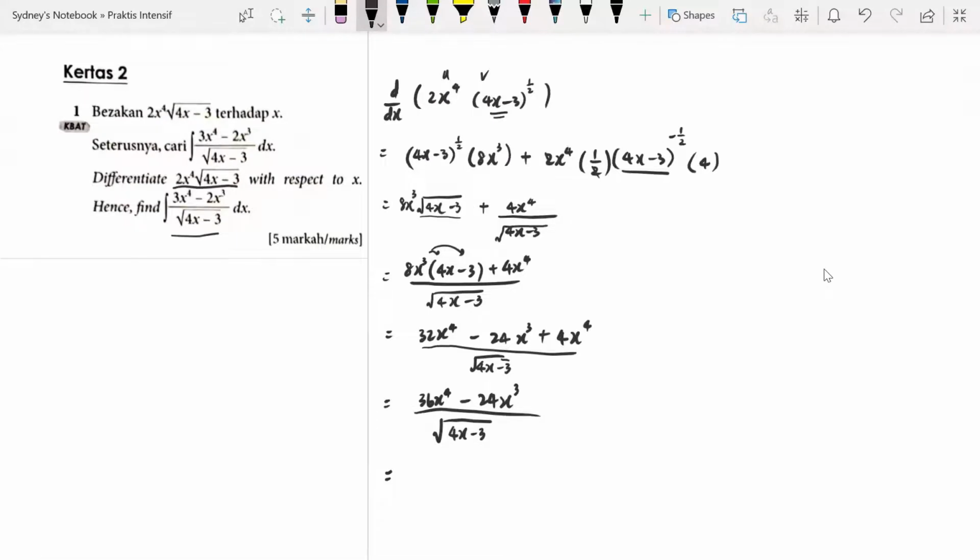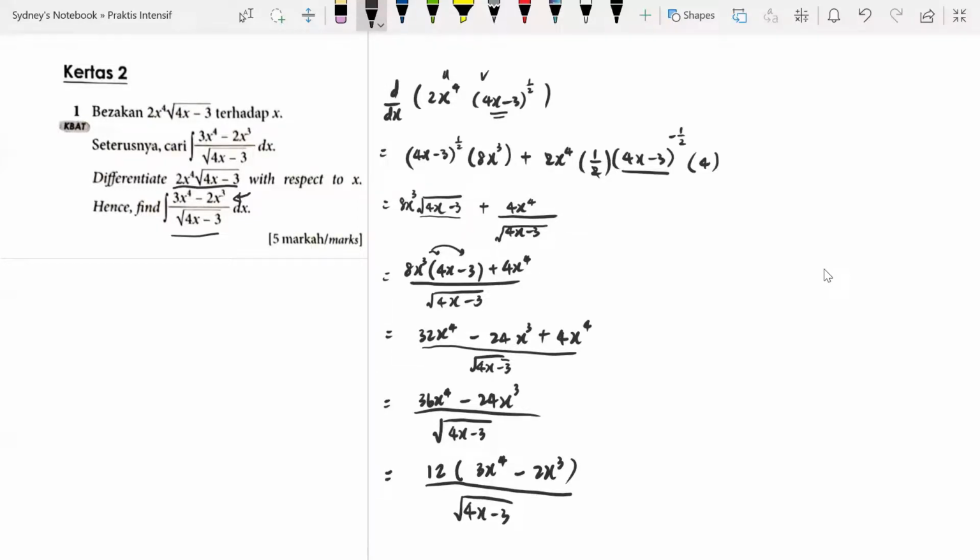We take out 12, and then we are left with 3x to the power of 4 minus 2x to the power of 3. I will factorize in such a way that it's similar to the one given. Square root of 4x minus 3.